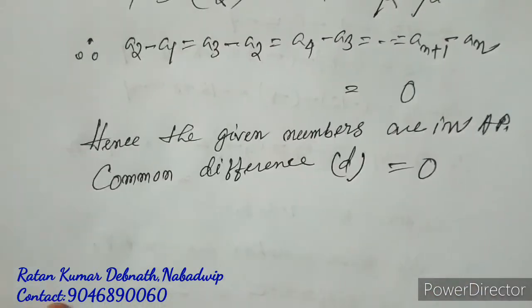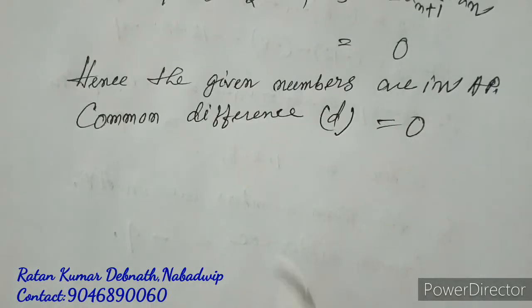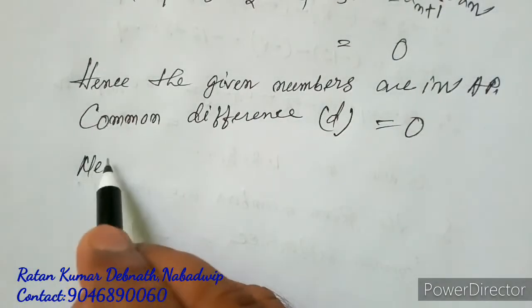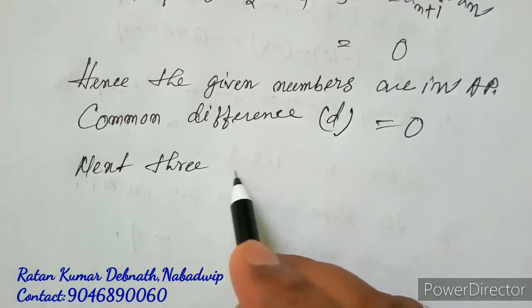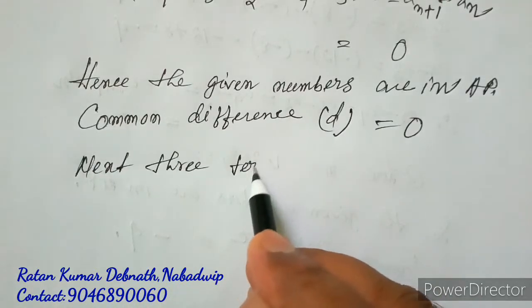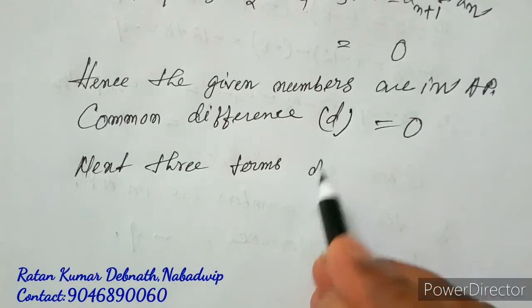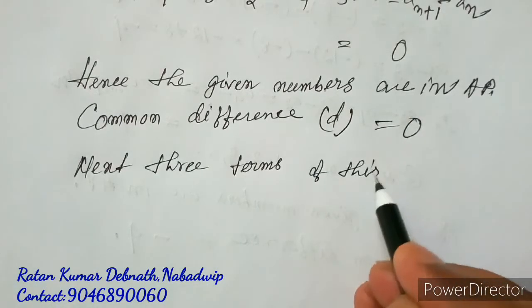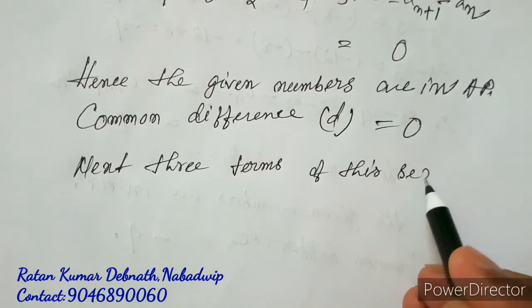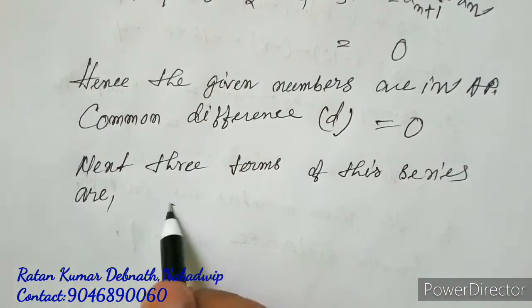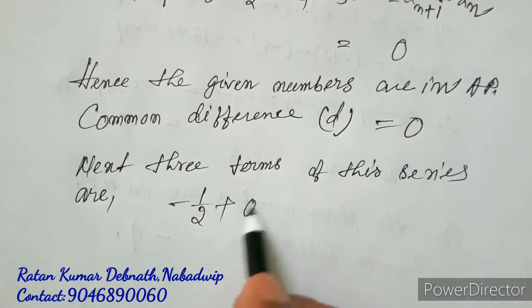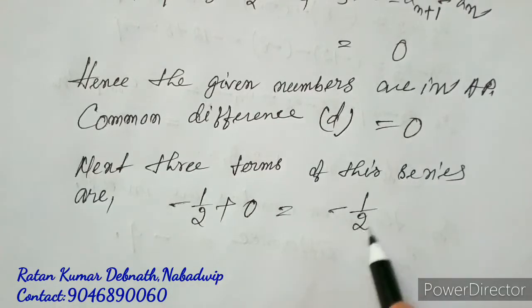Next 3 terms of this series are minus half plus 0 equals minus half.